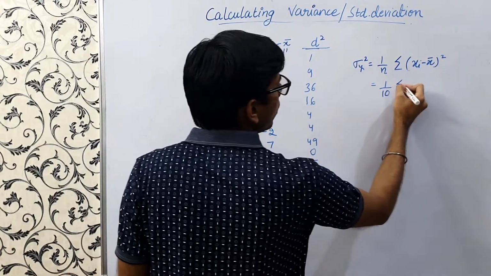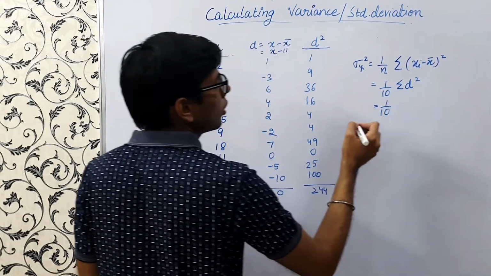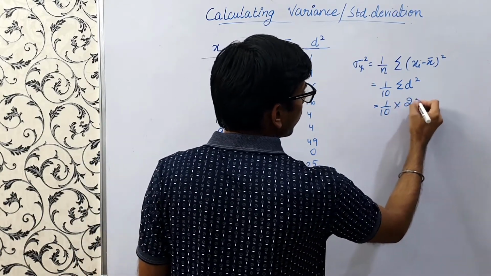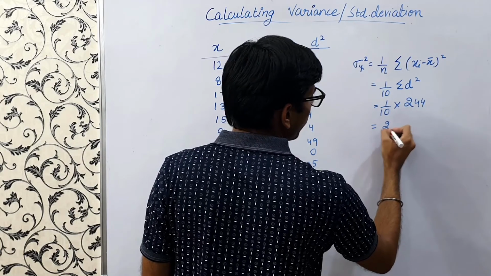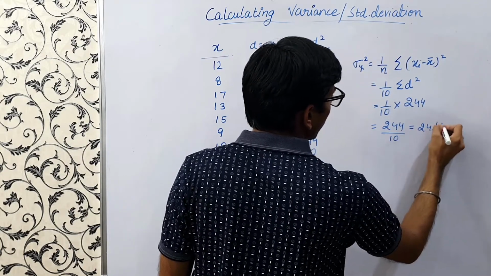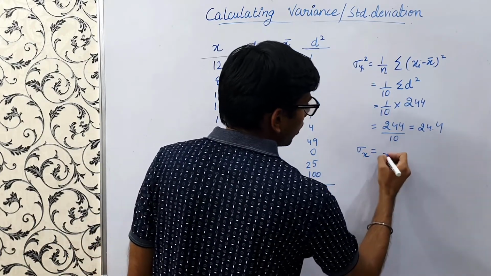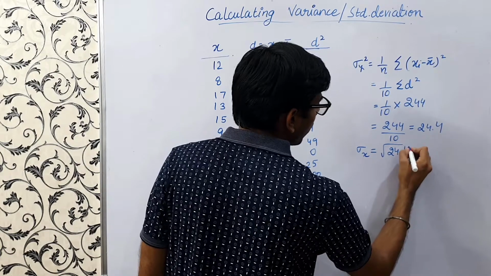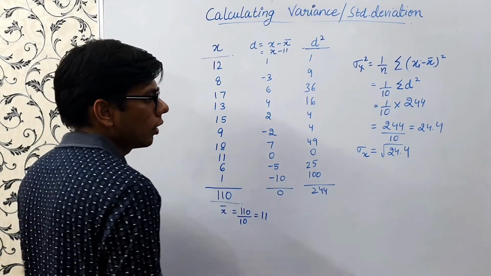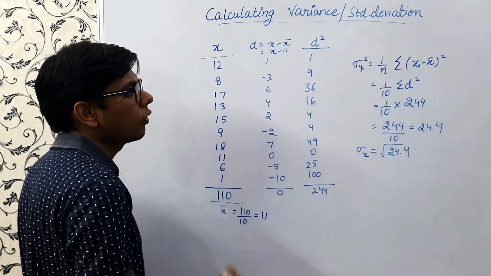So it's 1 by 10 summation d square. Summation d square is 244, so it's 244 by 10, that is 24.4. And sigma x would be nothing but the square root of 24.4. So we have calculated the variance and standard deviation directly using the formula.